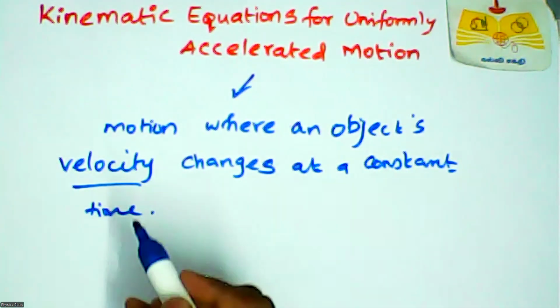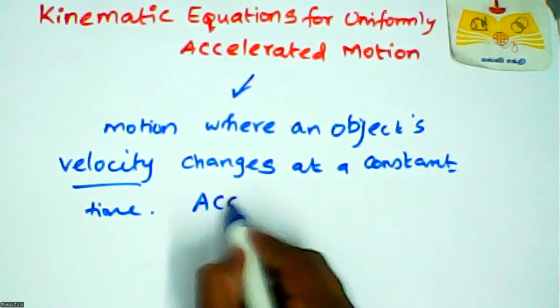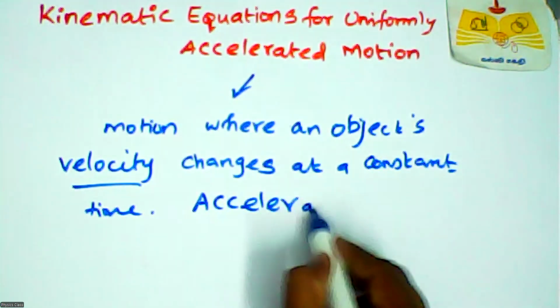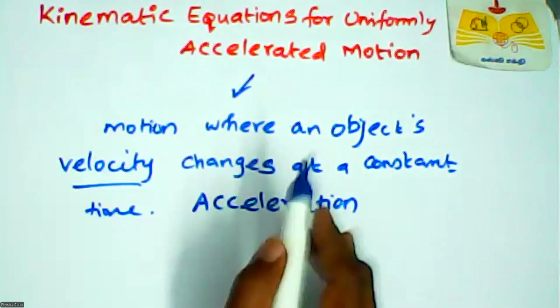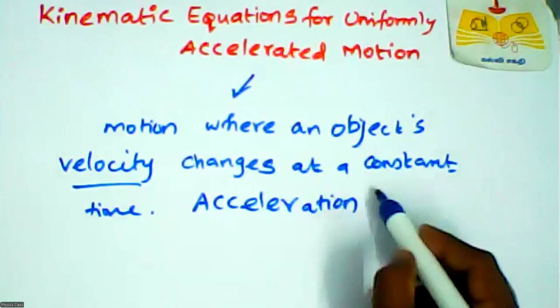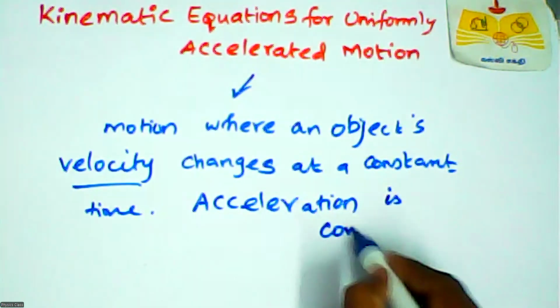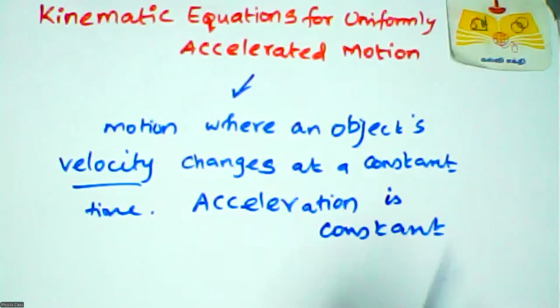So that means acceleration is constant. So this is known as uniformly accelerated motion. Acceleration is constant.